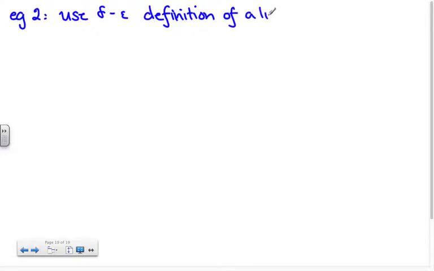So we're going to use the delta epsilon definition of a limit to show the limit as x approaches 2 of x plus 3 is equal to 5.